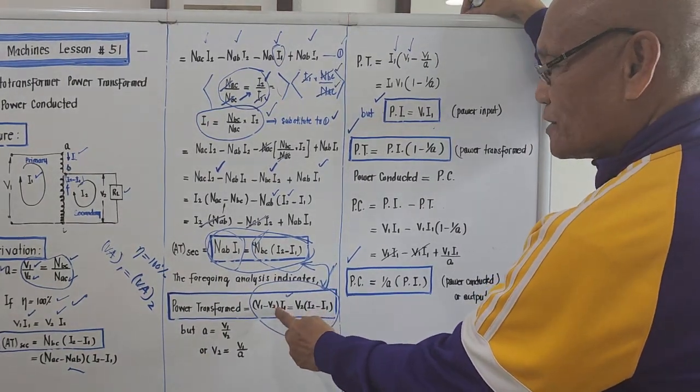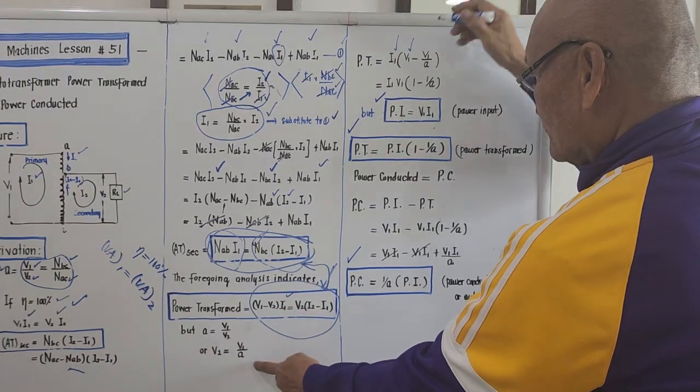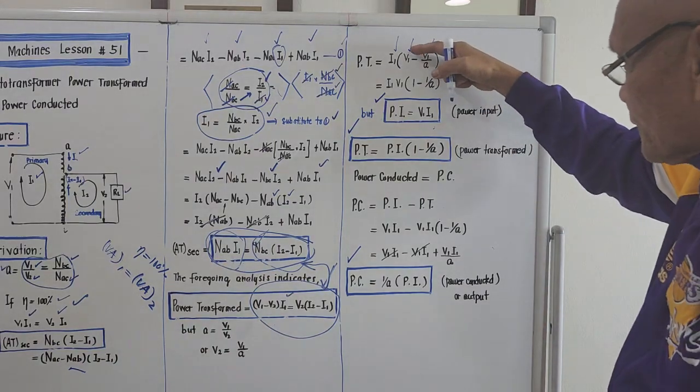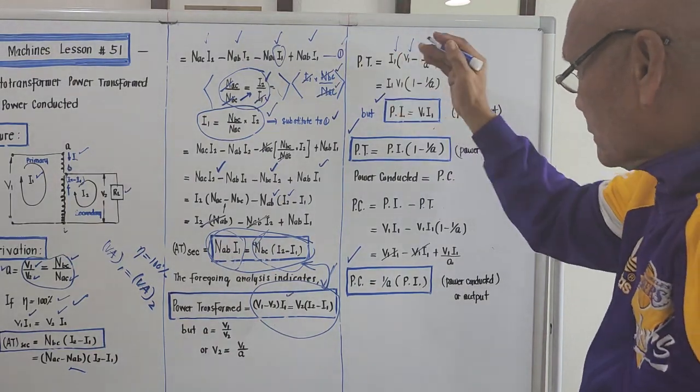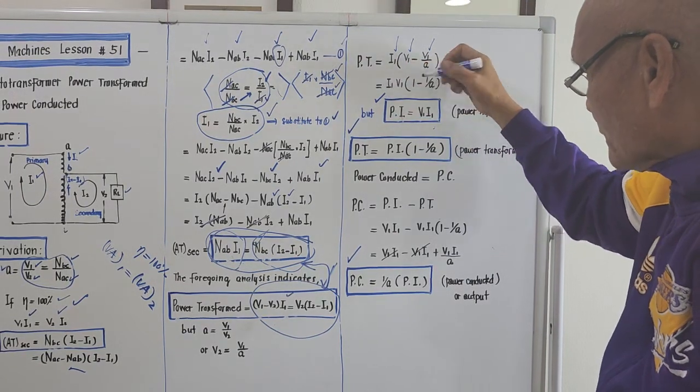What is V sub 2 in terms of V sub 1? It is V sub 1 over A. Common factor V1 inside, we could bring it out. So this will now be I1, common factor V1.